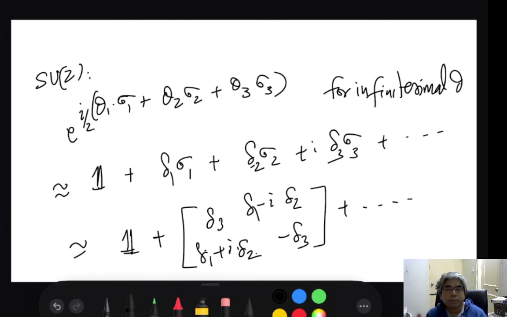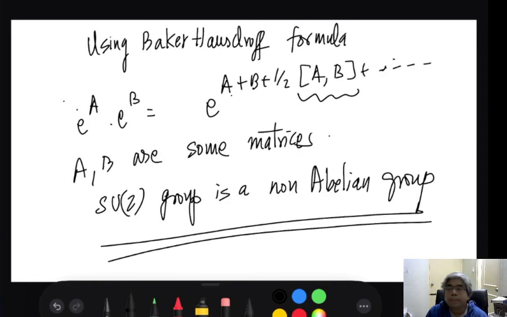One is called the fundamental representation, where the sigma matrices are just two-dimensional, but you can also have three-dimensional sigma matrices, as in the spin 1 representation in quantum mechanics. Similarly, you can have three-dimensional representations for the SU2. That representation is called an adjoint representation.